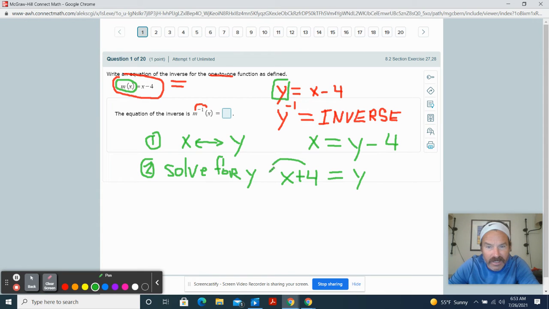And that is the way to find the inverse. The inverse will be what you have when you solve for y. In this case, it's going to want you just to write what the right-hand side is. So that would just be x plus 4.